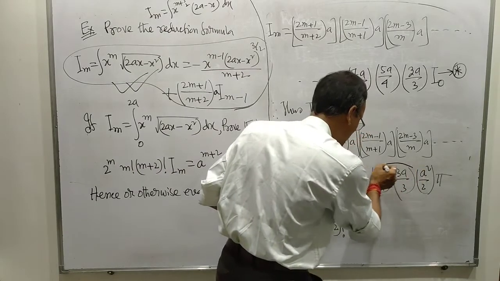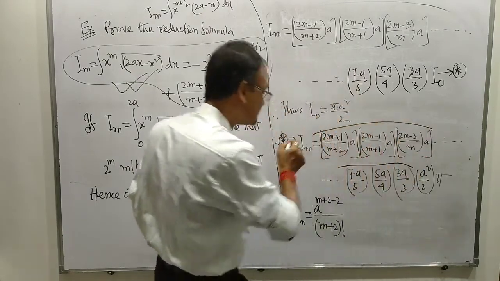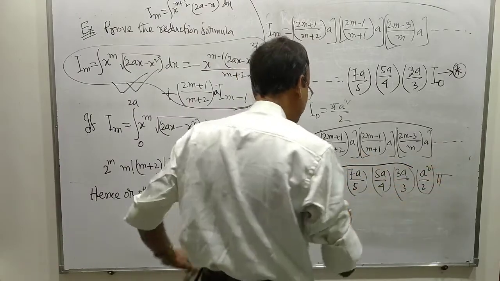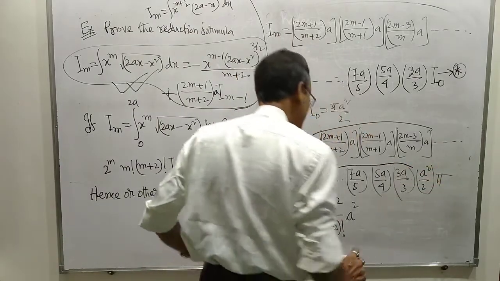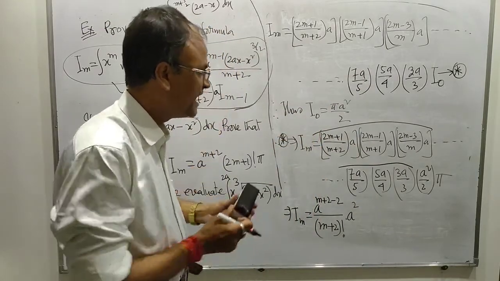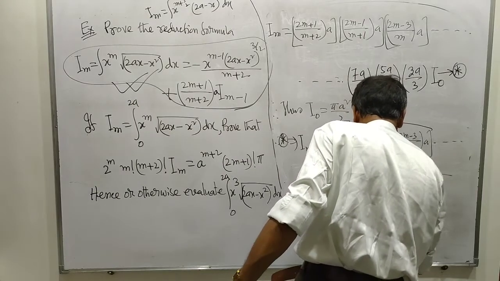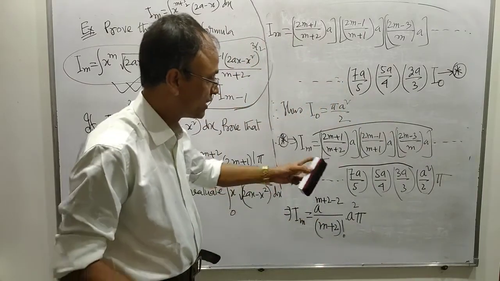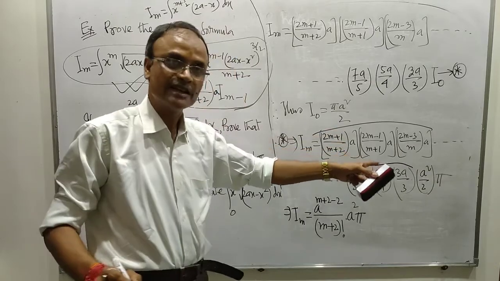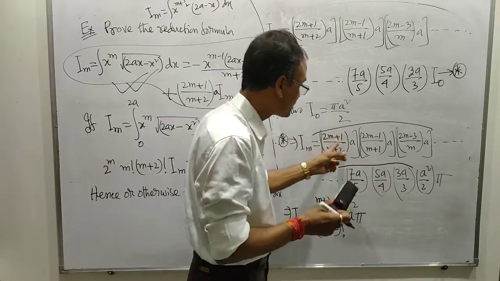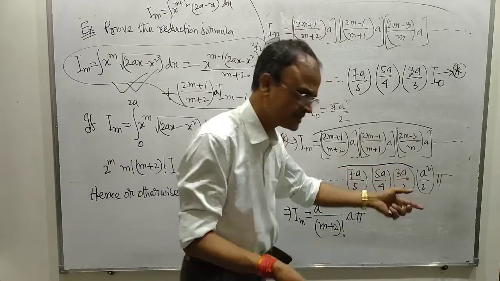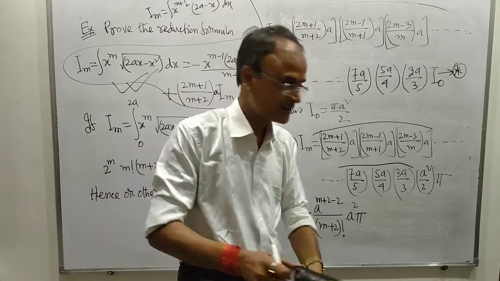What? From this term, from this up to this. Another 2 is there, into a square. I am writing here separately, into a square. Pi also can be written here. Only we have to write the terms in the numerator. It will be twice m plus 1, twice m minus 1, twice m minus 3, 7, 5, 3. Just write it in reverse order.